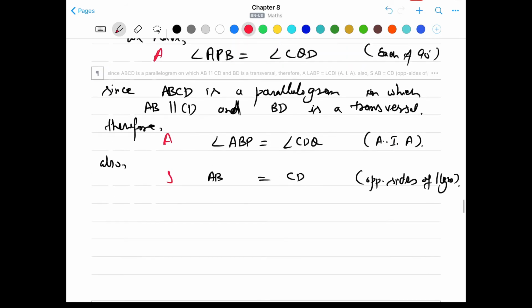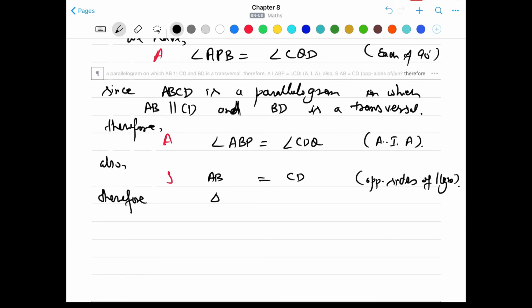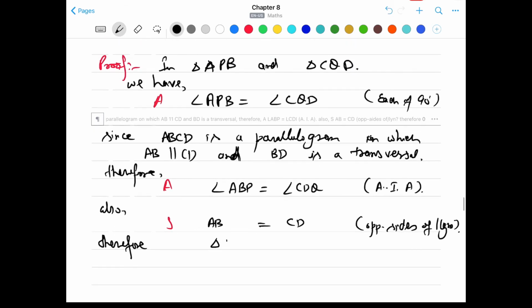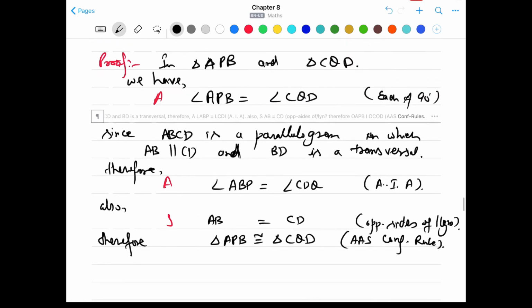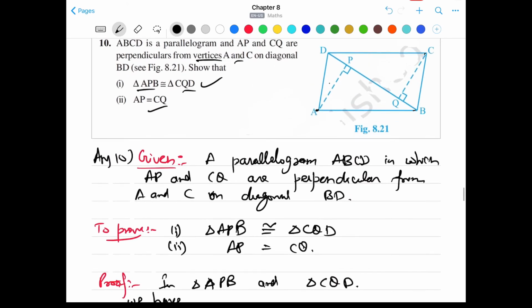So by the angle-side congruence rule, these two triangles will be congruent. Therefore triangle APB is congruent to triangle CQD, and that too by the AAS congruence rule.